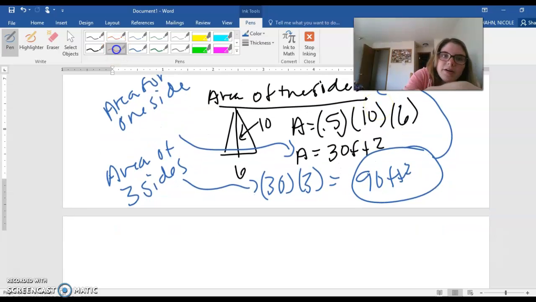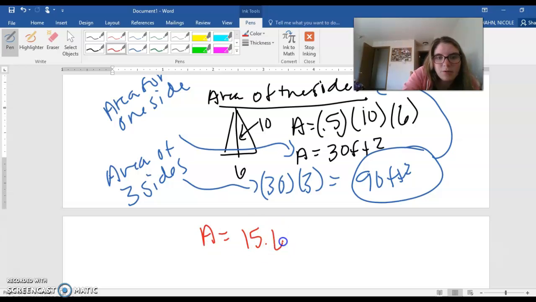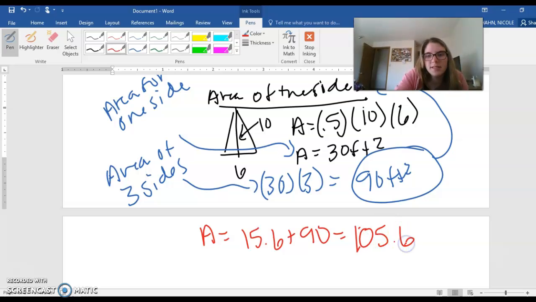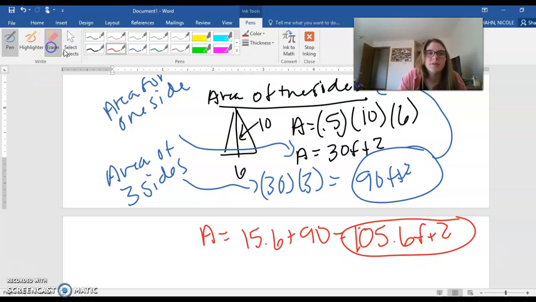So my area altogether is going to be 15.6 plus 90, which is going to give me 105.6 feet squared. That's my final answer.